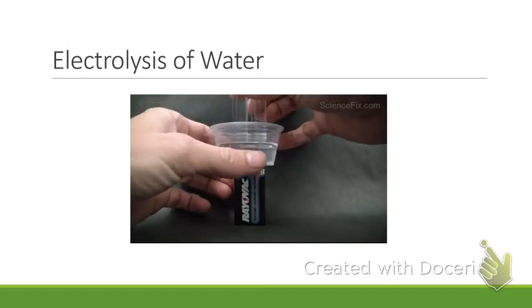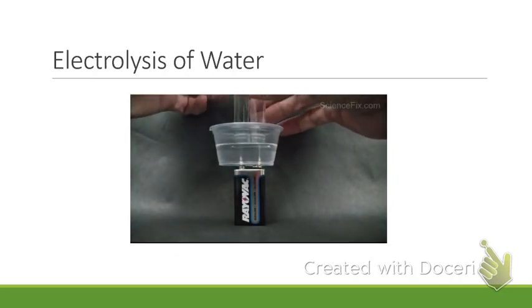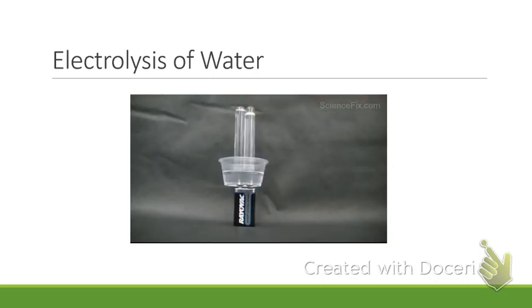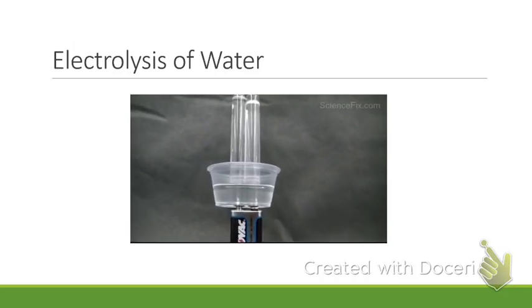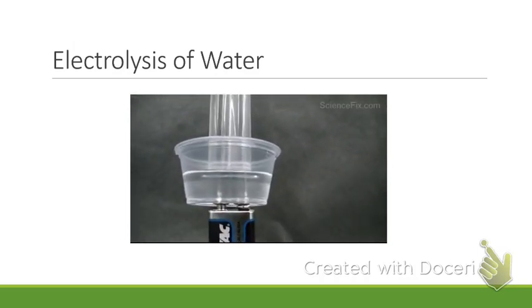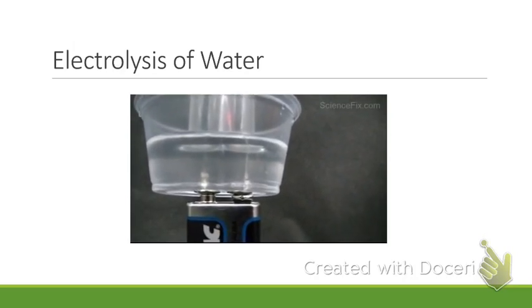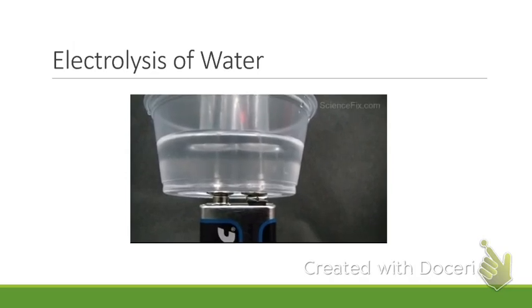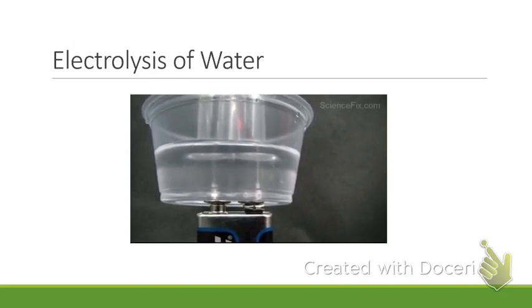The baking soda in the water allows electricity to flow between the two metal tips of the push pins. And so now you set them on the leads, and the electricity can flow between the two push pins. Electricity is flowing through the water, and that's enough energy to break apart the water, make it undergo a chemical reaction, so that the H2O gets broken apart into H2 and O2. It's going to be hydrogen gas and oxygen gas.